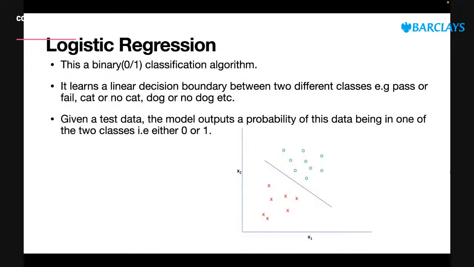Now the second one is logistic regression. It is very simple. It is based on a binary classification algorithm, which is 0 or 1. For example, 0 is false and 1 is true. It works like whether it is pass or fail, cat or no cat, dog or no dog. So how do you label your data set?